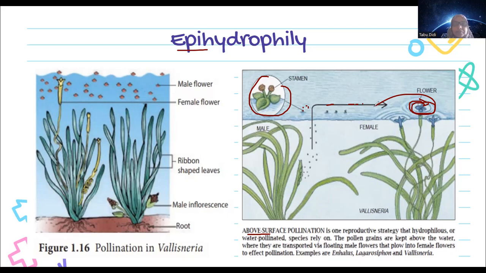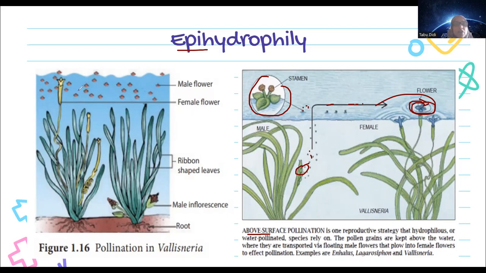So from here you can see the stamens releasing the pollen grains, and these pollen grains floating on the top of the water will stick onto the stigma.